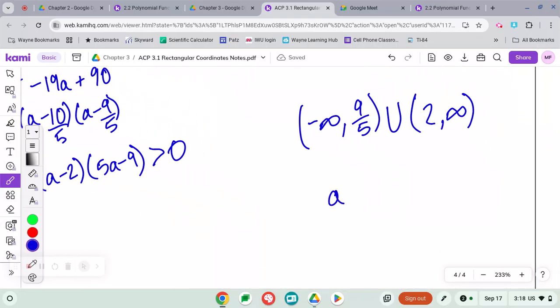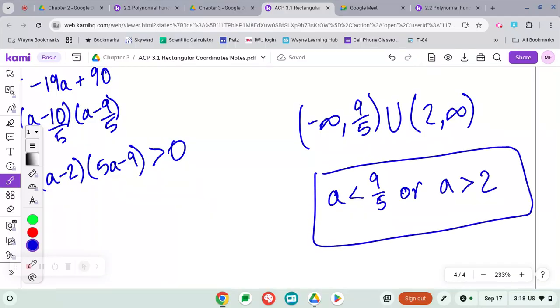So I could say a is less than 9/5, right? That's everything from negative infinity up to 9/5, or a is greater than 2. And this would be my answer, okay? On the Delta, if you're doing a question like this, just create another answer by hitting the plus sign. You won't have the or. Just do a is less than 9/5, and then in the other one, you do a is greater than 2.